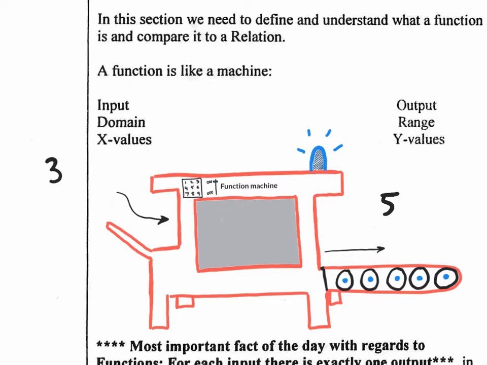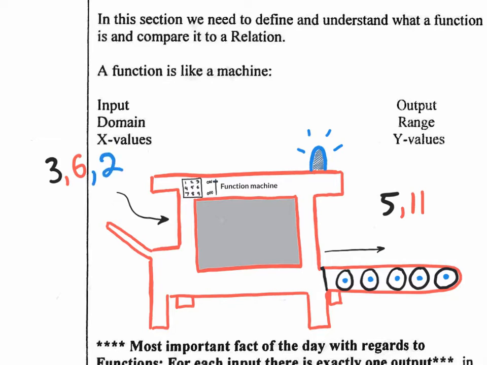Okay? Now, give me another number. 6. I want to take the 6, and I want to plug it in, and inside the machine, something happens to that 6, and it comes out as the number 11. Give me another number. 2.